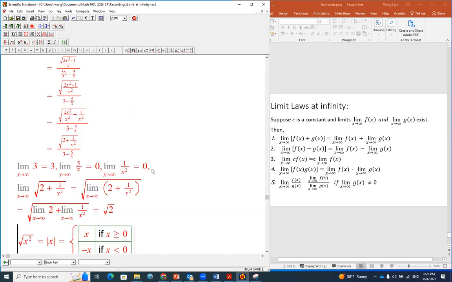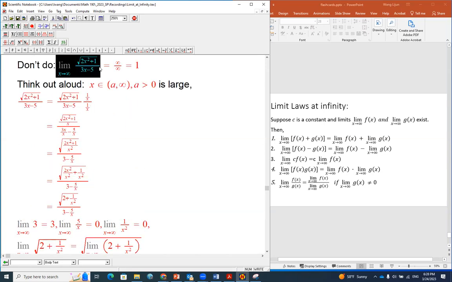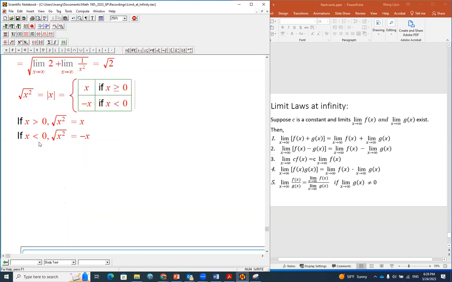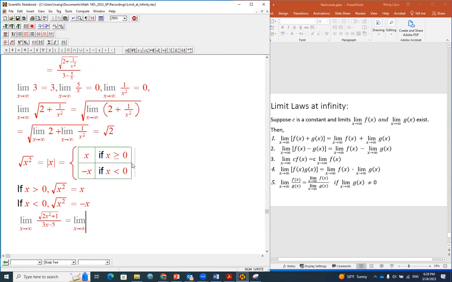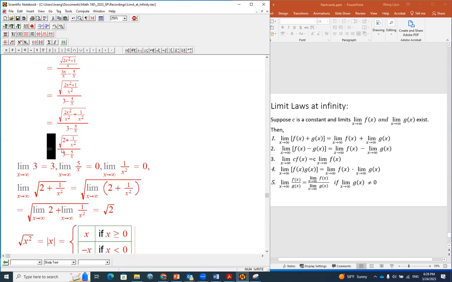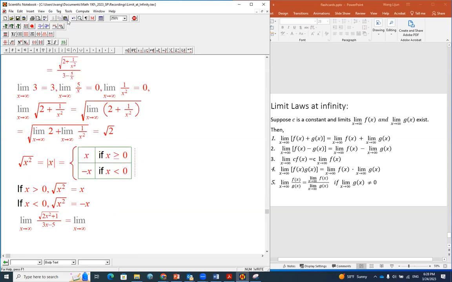So by this time, we can take the limit for this piece. The limit for this piece, finally, is going to equal, we're going to replace this piece by that. Remove that equals sign.